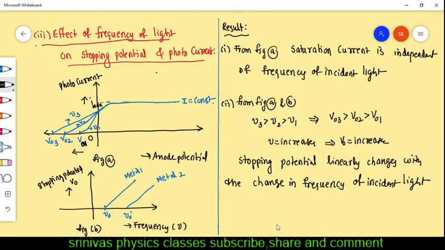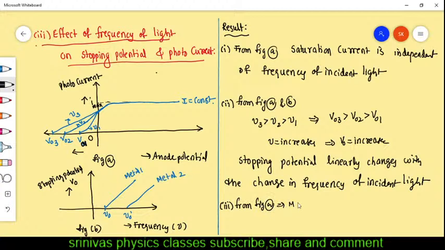Now, when the stopping potential changes, the maximum kinetic energy also changes, because the stopping potential relates to the maximum kinetic energy of electrons, K max. This is the third point from figure A only; or from figure B, we can write anything.